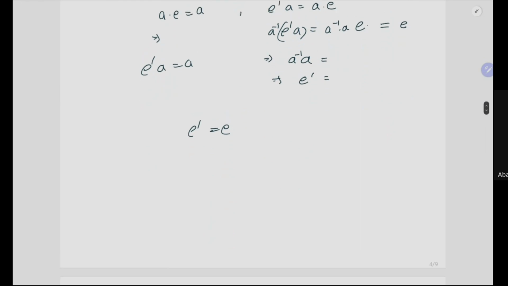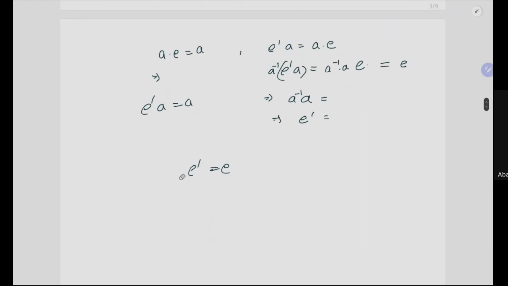Can you multiply A with both sides where you have written A inverse E prime A? Here again, you want me to multiply by A on the right? Yeah, both sides. A inverse, on the left. Sorry, yeah, on the left by A. And that will be A E, is this what you are saying?